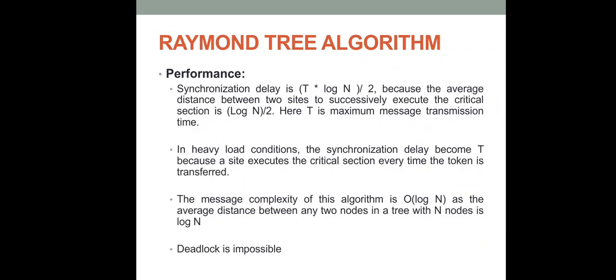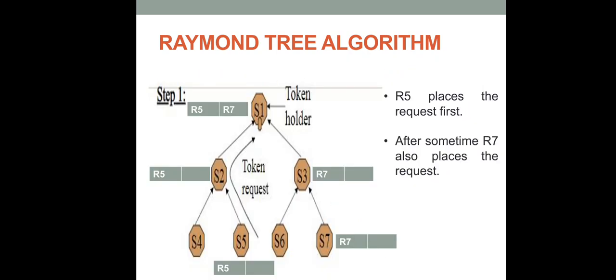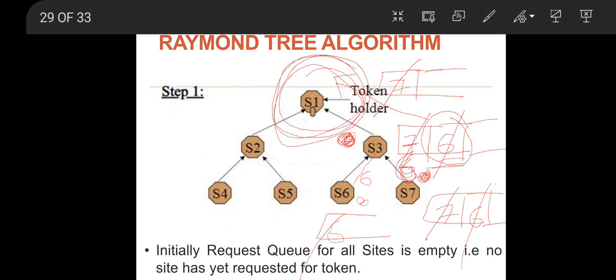Now let us see the performance. What we have seen is that in the Raymond tree based algorithm, we need to know how far a site's message has to be transmitted. Let us see S6.